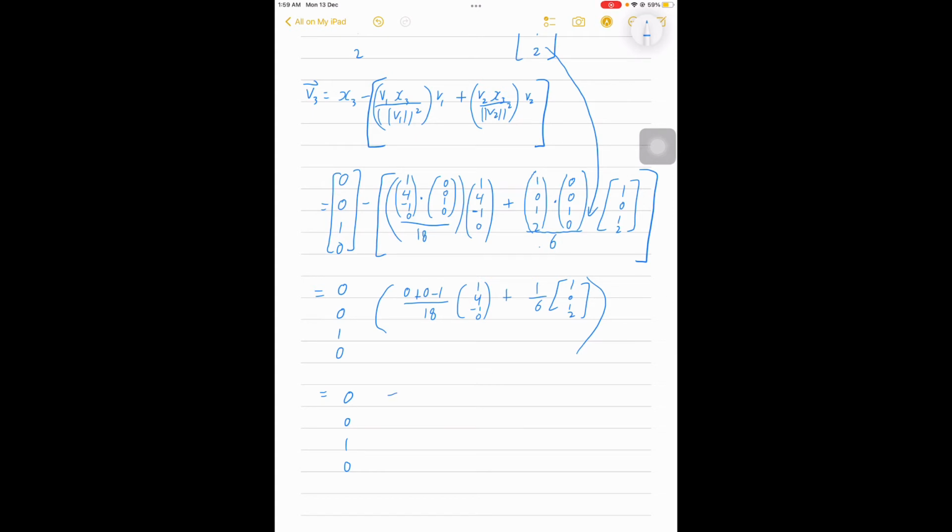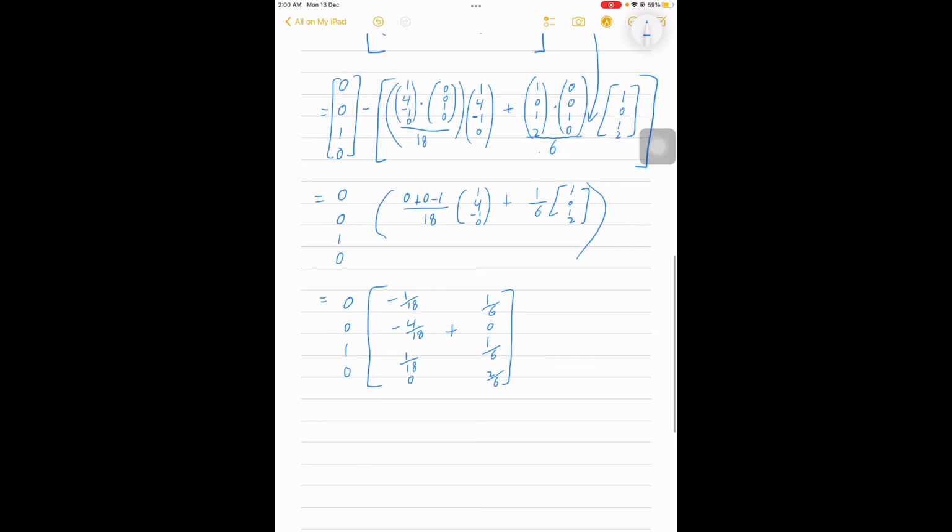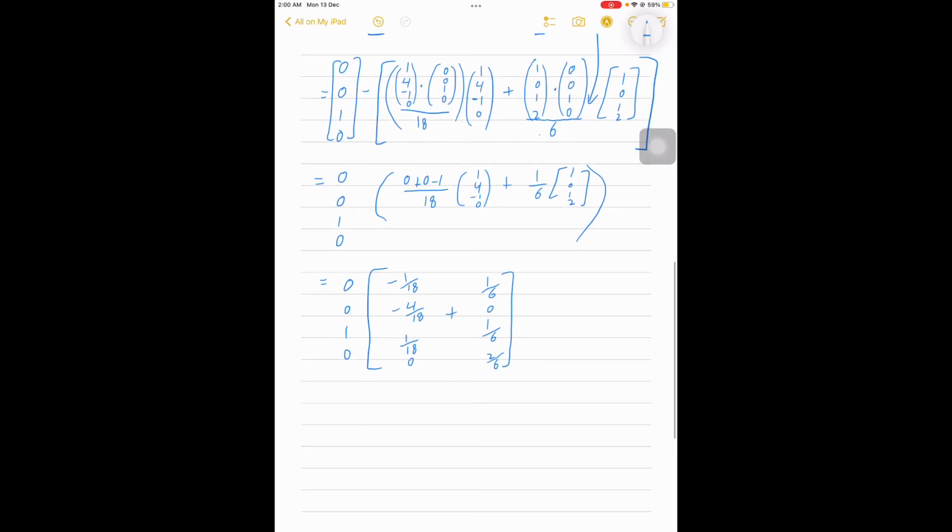And then negative 1 over 18, negative 4 over 18, 1 over 18, and 0, plus 1 over 6, 0, 1 over 6, and 2 over 6. You can simplify here or later on. This would be 2, this would be 9, 1, and 3.